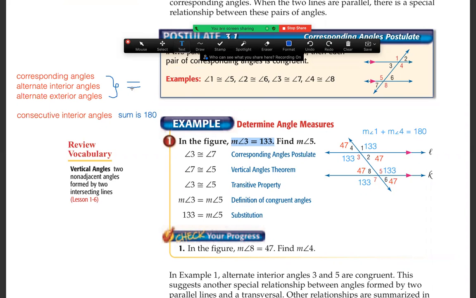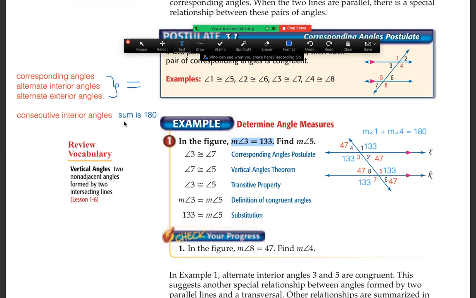Not only the corresponding angles, but also each pair of alternate interior angles and each pair of alternate exterior angles are equal. Consecutive interior angles, we don't expect them to be equal.